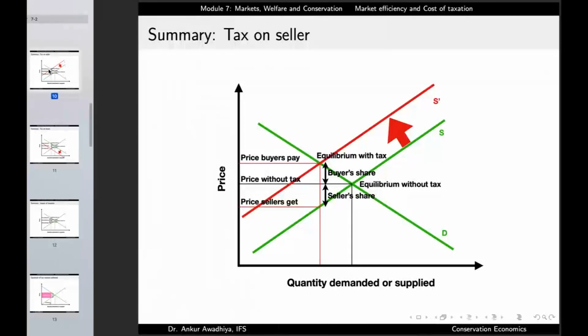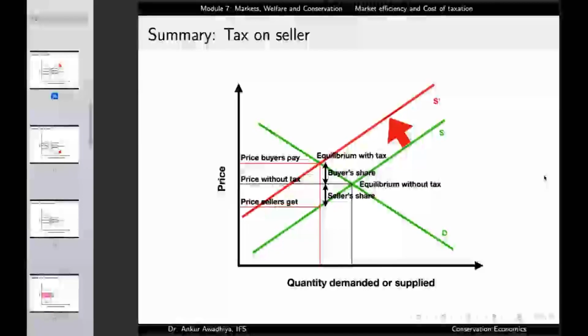The taxation can be imposed on a seller. In this case, the government may say that whenever the seller sells a good, the seller will be taxed. Say the government says that for every pen the seller sells, the seller will have to pay 50 paise of tax.